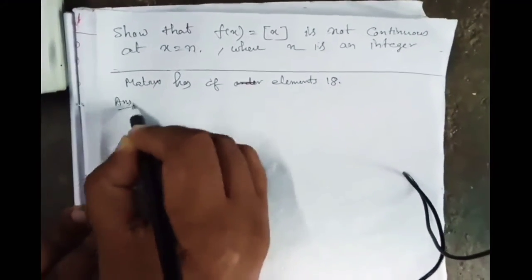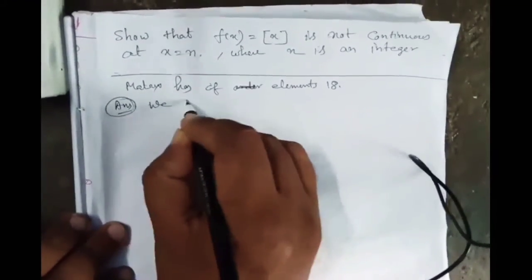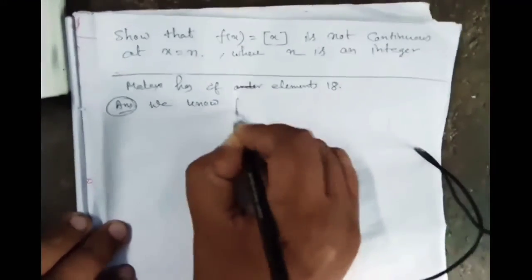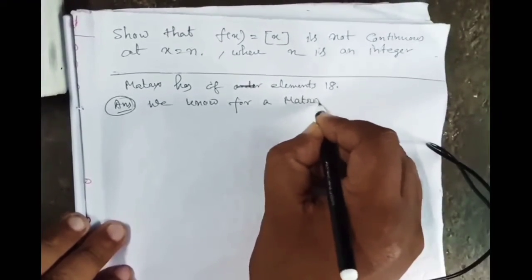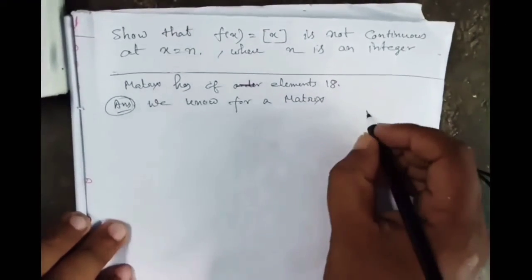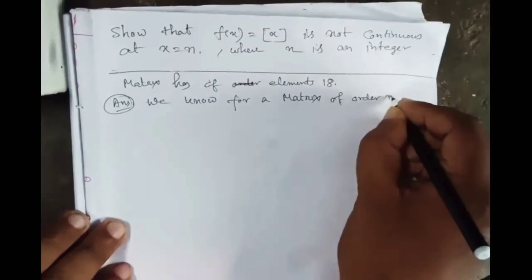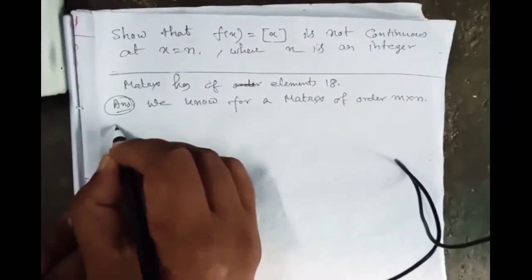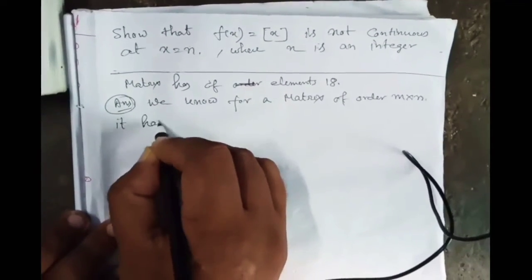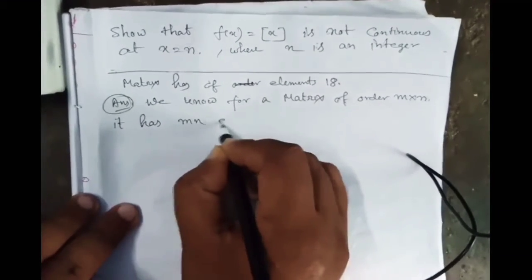What will be the answer? Now we know for a matrix of order m cross n, it has how many elements? mn elements.